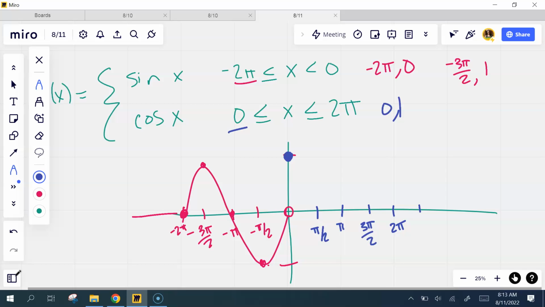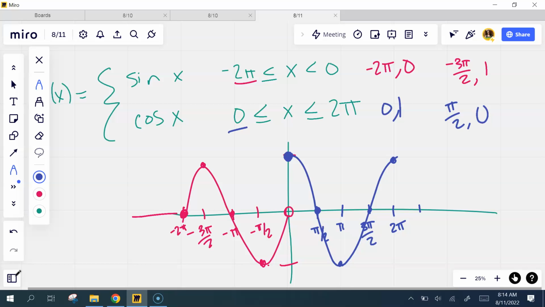What is the cosine of pi over 2? 0, right? And now I can pick this pattern up. Oh, yep, closed. So this piece looks like that. Everybody okay on the graph?